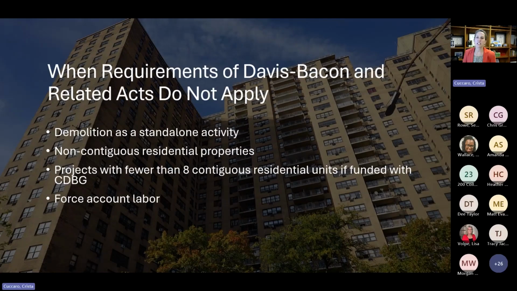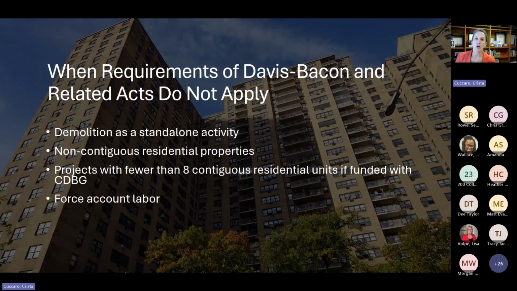In the context of CDBG, Davis-Bacon does not apply to non-contiguous residential properties. And so this is relevant, I think, for the context of rehab of single-family homes and homeowner programs for rehab.